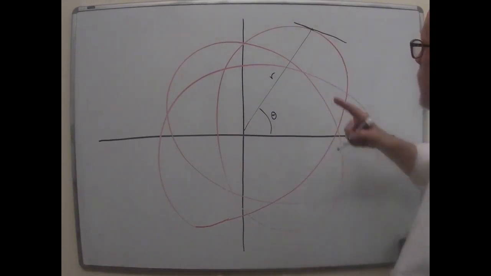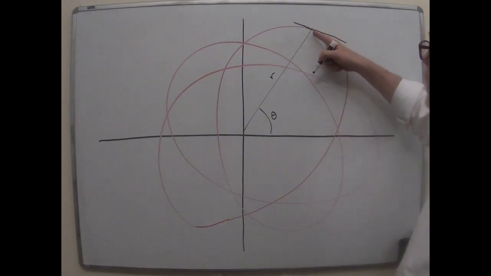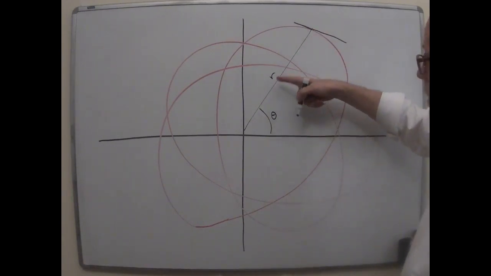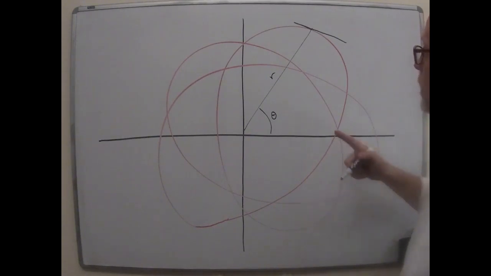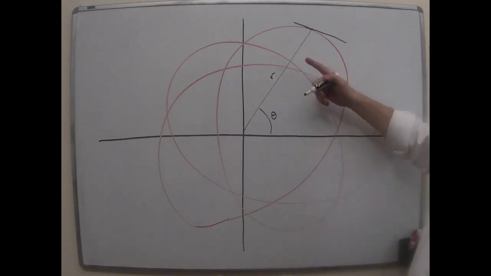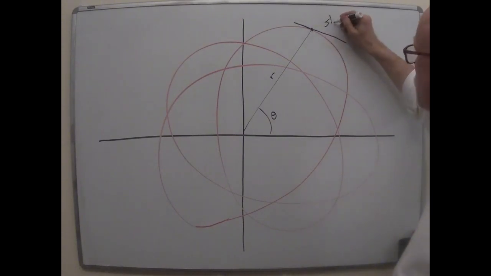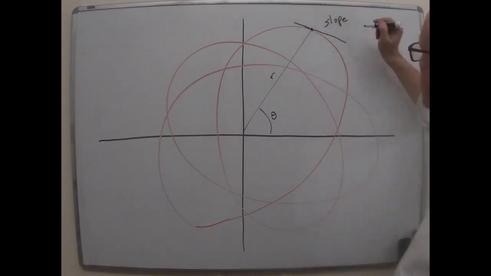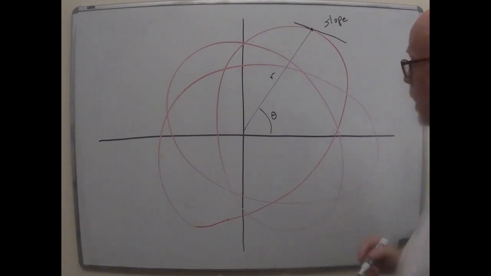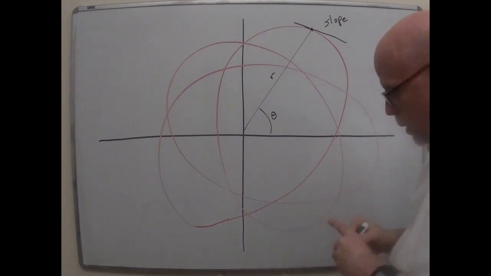I want a slope and I've got a point, right? So I know the coordinates of that point, or they can be reinterpreted as x, y coordinates using r and theta. But what's the slope of this tangent line? That's one kind of thing that you could do calculus-like here.